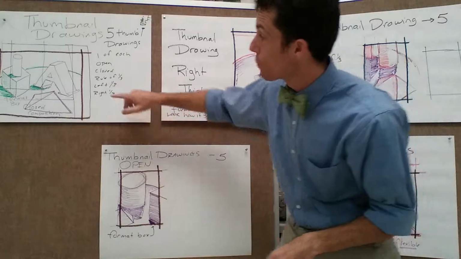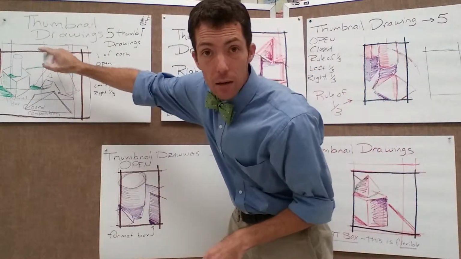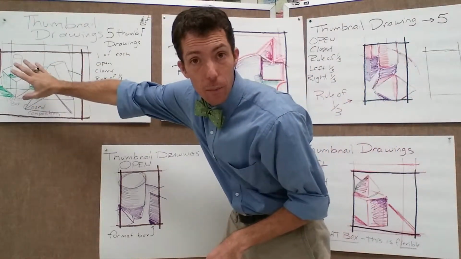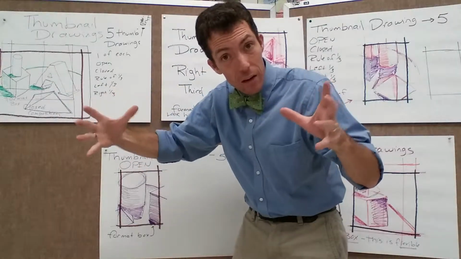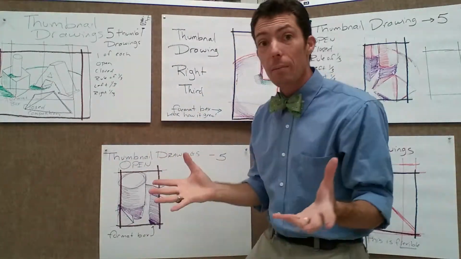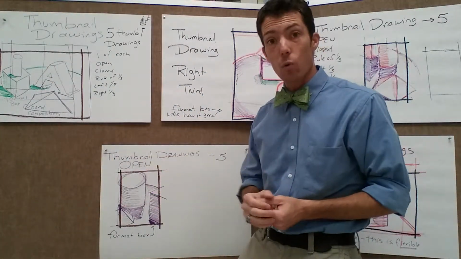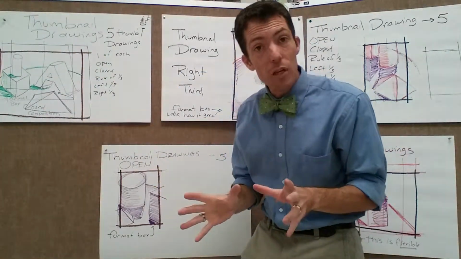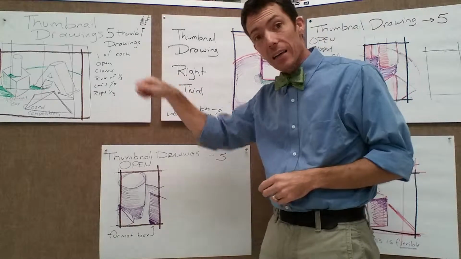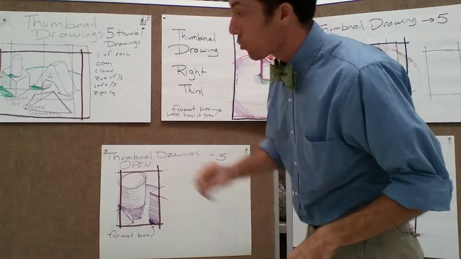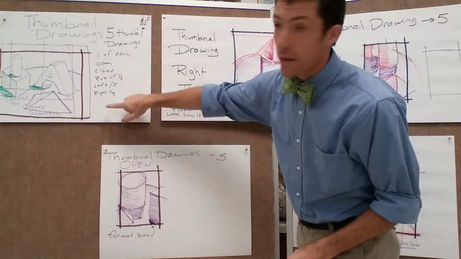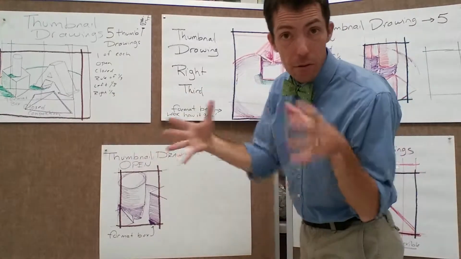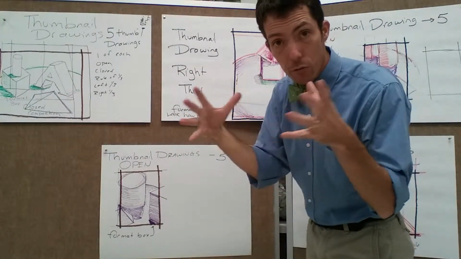I started out with a small format box, and then as my picture got bigger, I needed to expand that format box. Really important. A lot of people are leaving out the format box as they're working, so draw out the format box, and once you resolve your composition, knock it in a little bit more solid. So in a closed composition, everything's contained within those 4 edges.